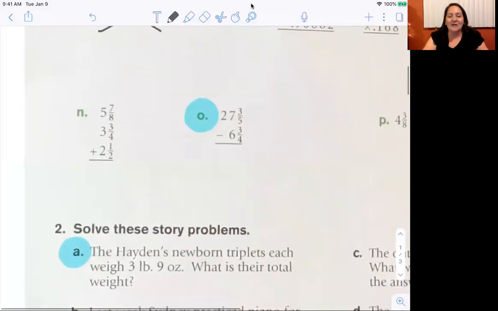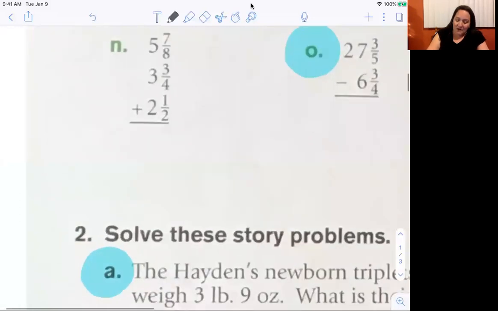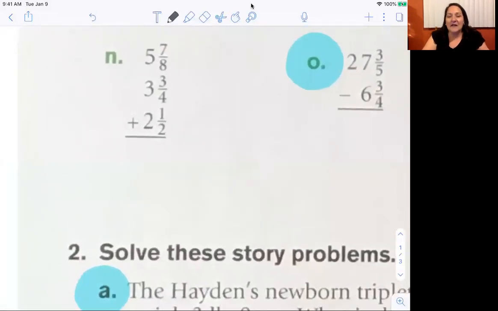Okay, how about letter N? On letter N, I have 5 7/8 plus 3 3/4 plus 2 1/2. Whenever you're adding or subtracting with fractions, you always have to have the same what? What are you always looking for? The same denominator. Let's take a look at our denominators. We have an 8, a 4, and a 2.